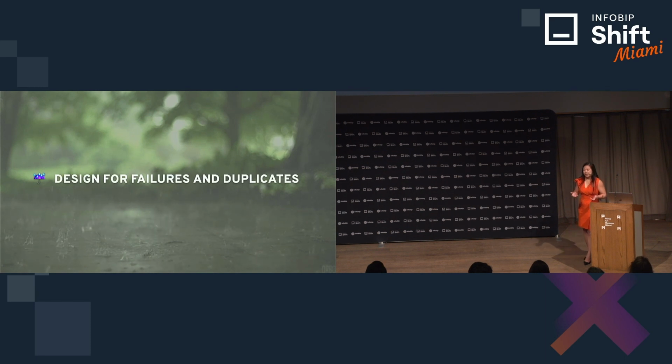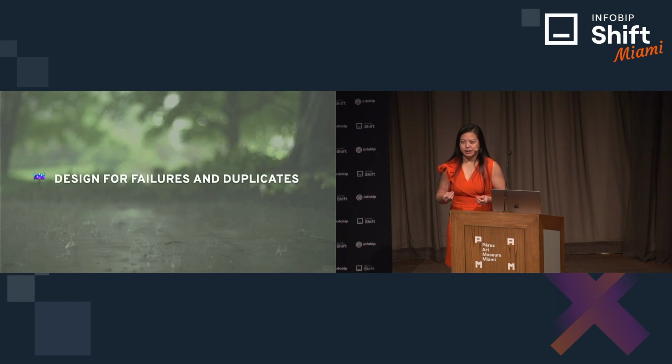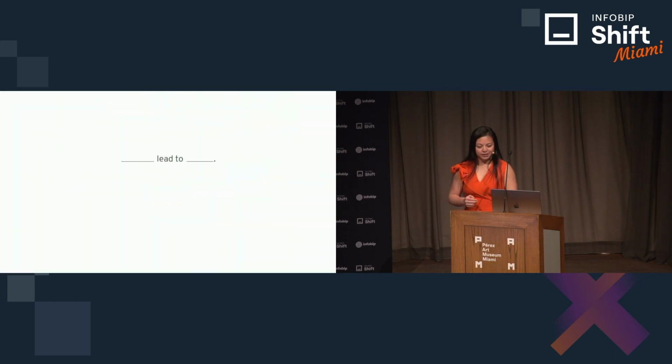If we keep that in mind, we develop our applications with a different mindset, because instead of just skirting through the happy path, when you think, oh, this is definitely going to fail, you think about edge cases, you think about error handling, you think about how to deal with that failure that's definitely going to happen. Failures are going to lead to retries.